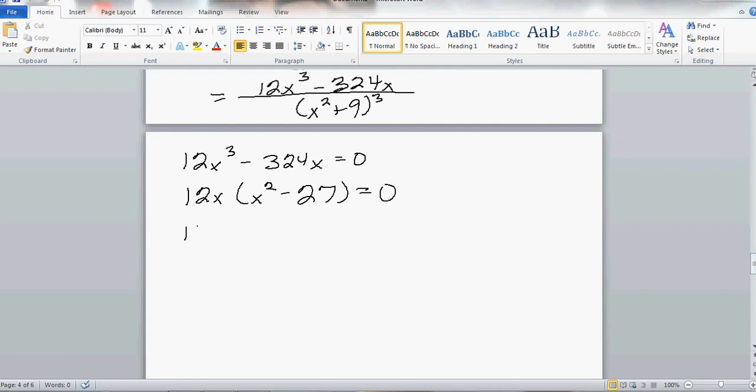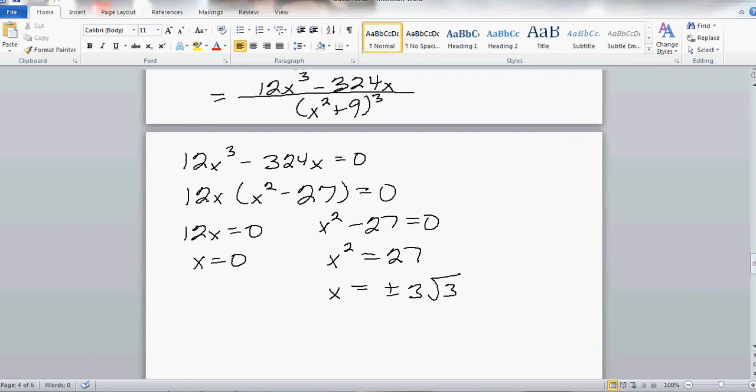And so 12x has to equal 0, or in other words, x equals 0, or x squared minus 27 equals 0. And so x squared would equal 27, which means x would equal plus or minus 3 root 3. Just a fairly quick simplification there. And so now I'm going to look at the value of 0, negative 3 root 3, and positive 3 root 3.